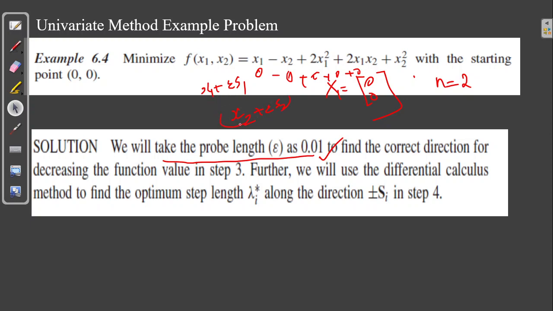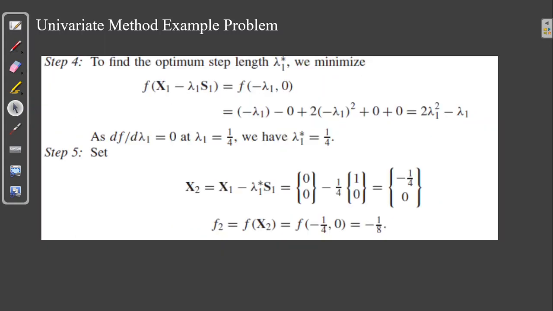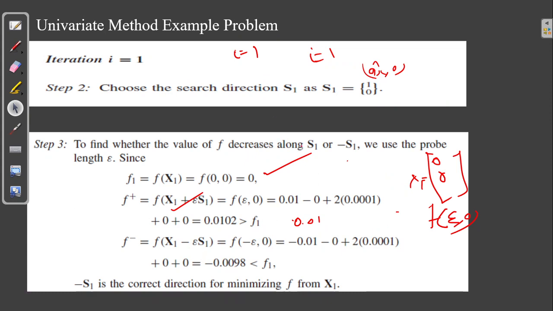So initially the x1, x2 values are zeros. Then you will get 0.01 into 1, that means 0.01 minus 0 plus 2 into this value squared. And f plus you got the answer as 0.0102, which is greater than f1.